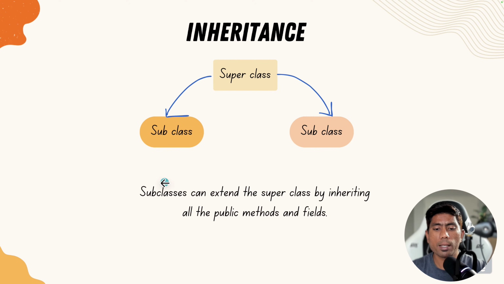So you can see that the subclass can extend the superclass by inheriting all the public methods and fields of the superclass. And this way, you will notice that the inheritance concept is going to make things easier, because you can put the most common functionality between these two subclasses into a superclass, and then extend the functionality in both the classes.